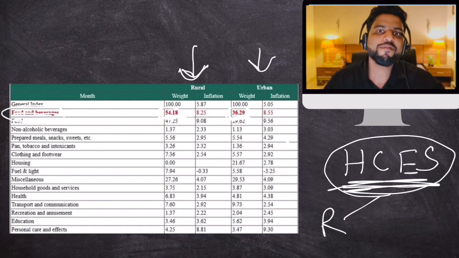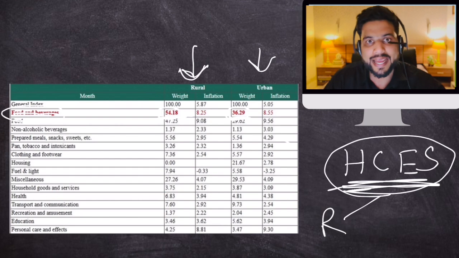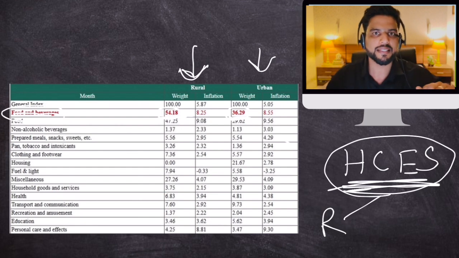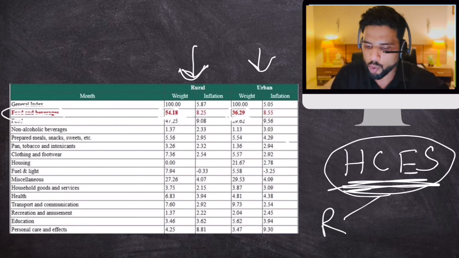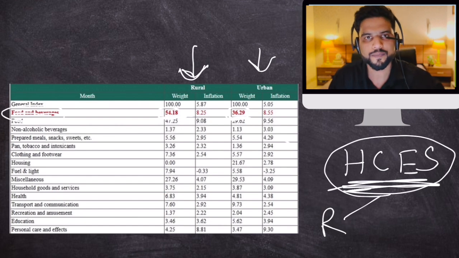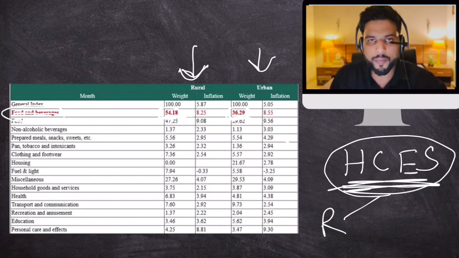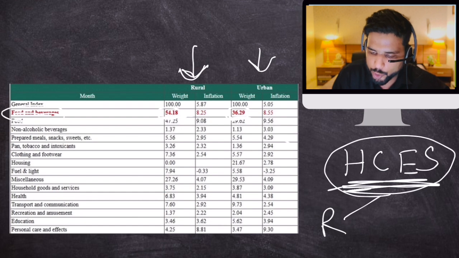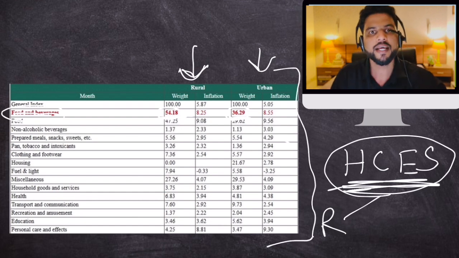Therefore, if food inflation is high, 54% of the budget of rural households gets destabilized, whereas this percentage is very low in case of urban households, right? So the whole purpose of including this news item is to introduce you to this table. Just remember this fact. That's why this news is important.